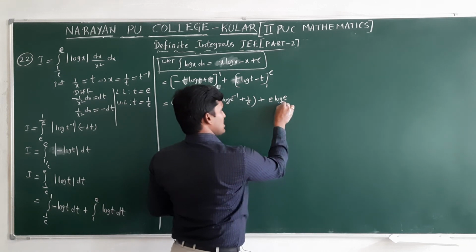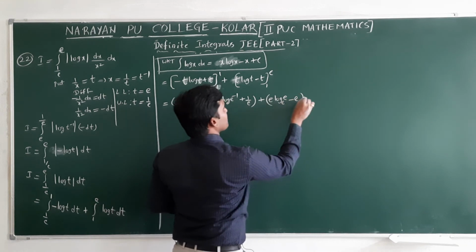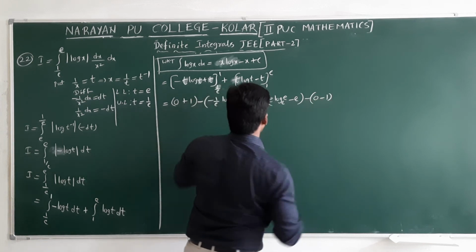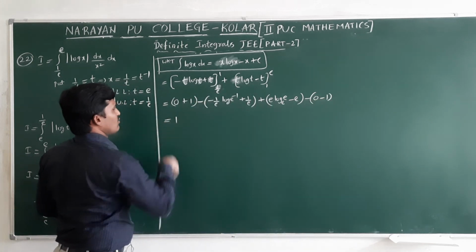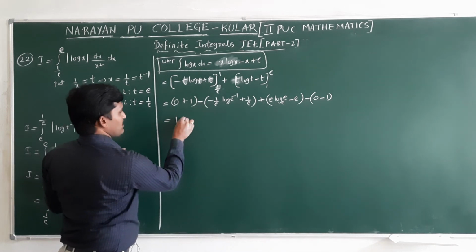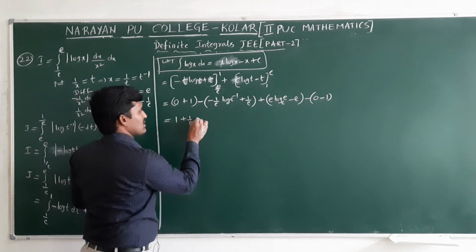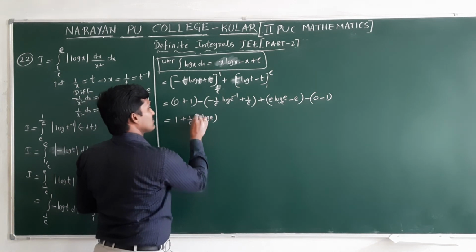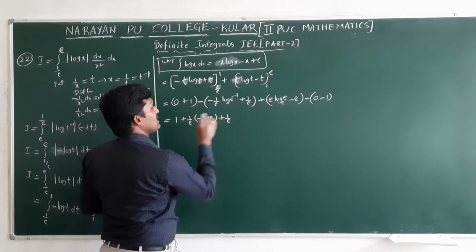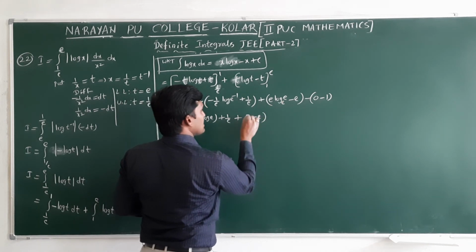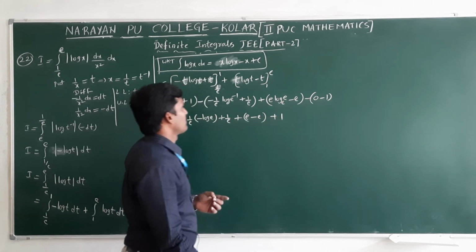Log e means base is e only, minus e, minus lower limit 1 into log 1 is 0, minus 1. Here we need to simplify this: 1 minus of minus plus 1/e. Log e power minus 1 becomes minus log e, plus 1/e. Log e base e is 1, that is e minus e minus of minus plus 1.